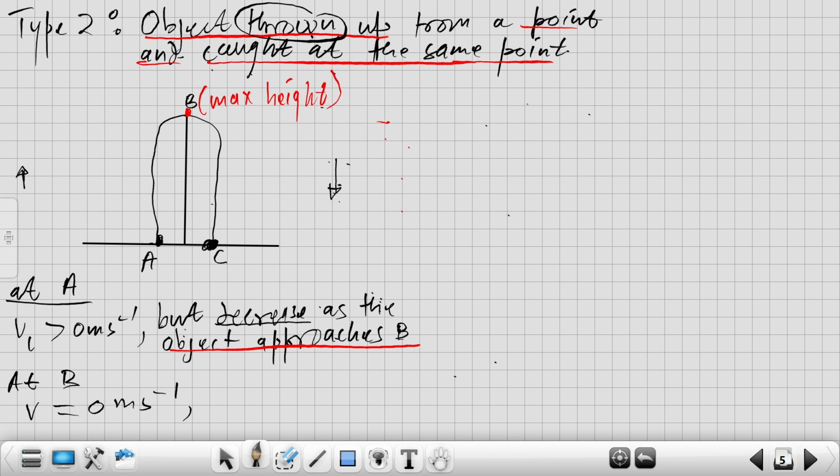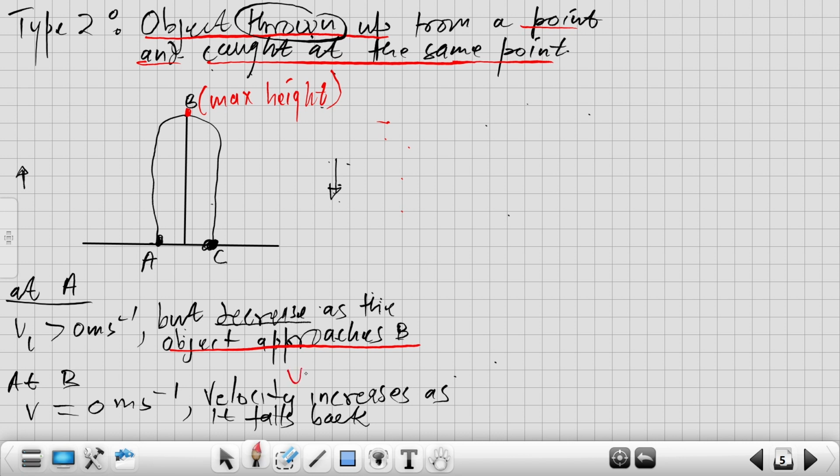Thereafter, what else is happening at B? Okay, then the velocity increases as it falls back. It increases 100%. Which analogy can I use to understand that?